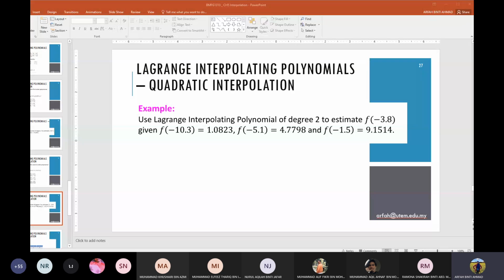Okay, so kita tengok macam mana nak selesaikan this one. Let me transfer to my iPad. Oh, okay. Cuba buat dulu kelas. Saya punya internet connection ni ada problem pula.